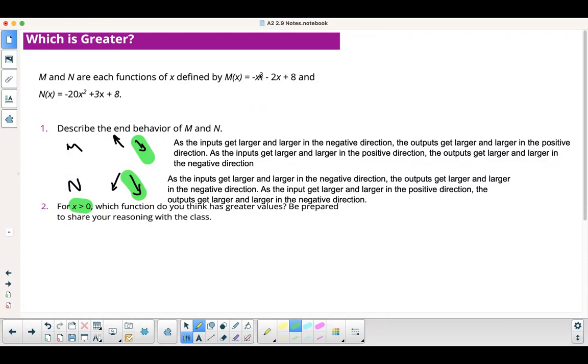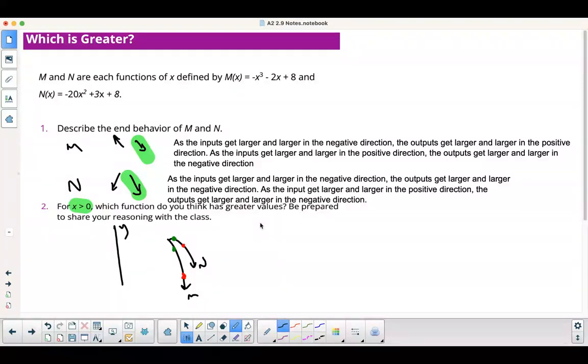What I think is going to happen is the right side of M is going to go down like this, and the right side of N is going to go down a little bit less. So that would make me think greater is larger, in terms of Y values. If I look at any given point here, the value at N is always above M, no matter where you're at. Like if I look at those red points and these green points stacked right on top of each other, see how N is always greater?